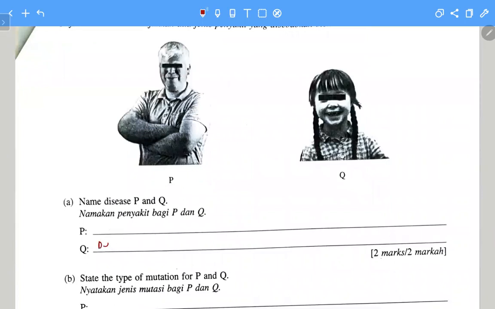When you say Down syndrome, it's not Down syndrome, it's Down's syndrome. It's actually a person's name. Can someone tell me if you can guess what P is, by looking at the diagram? Anyone?